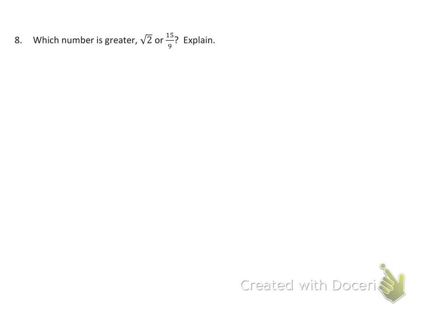Okay, now square root of 2 and 15 ninths. Okay, so 15 ninths I know is a repeating decimal because of the ninths in the denominator.